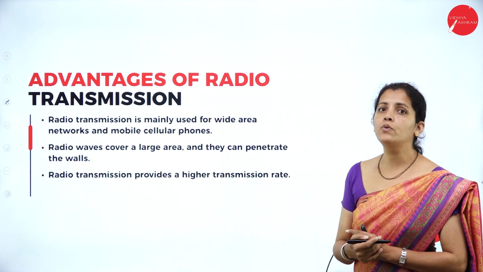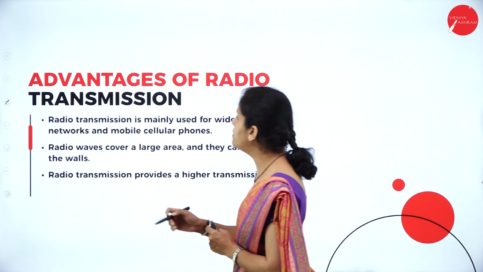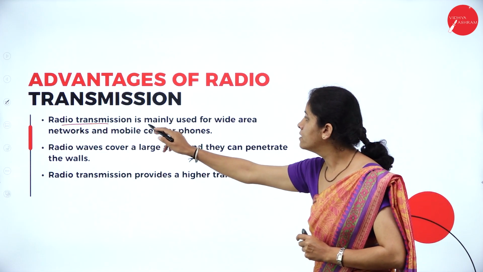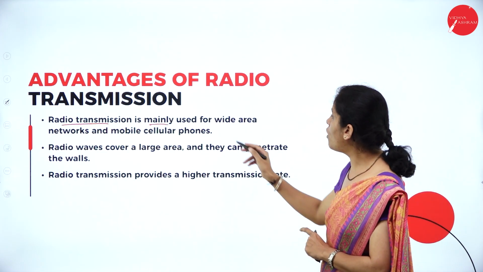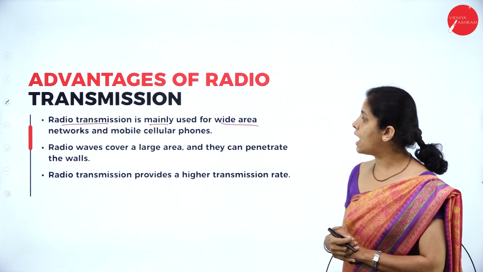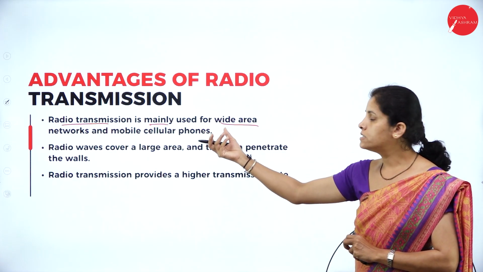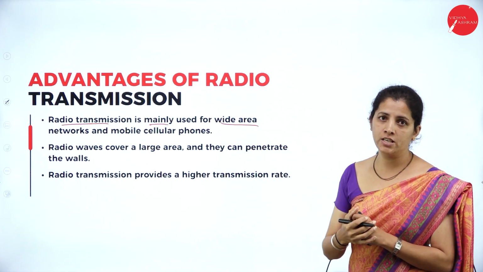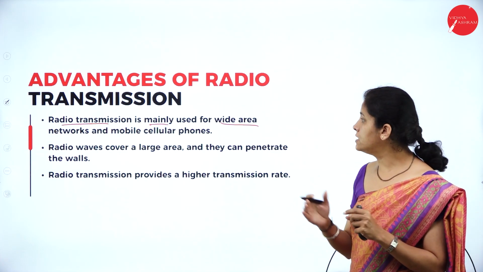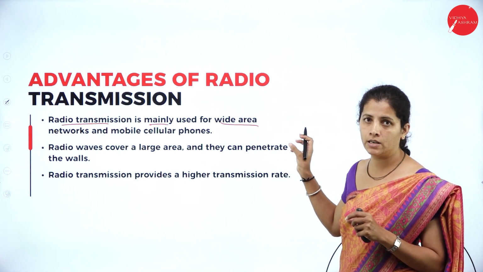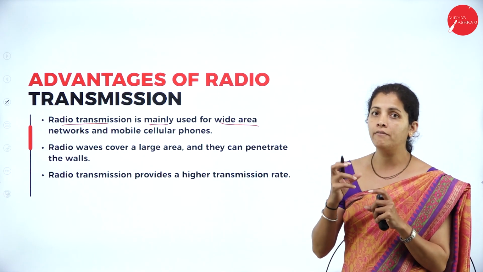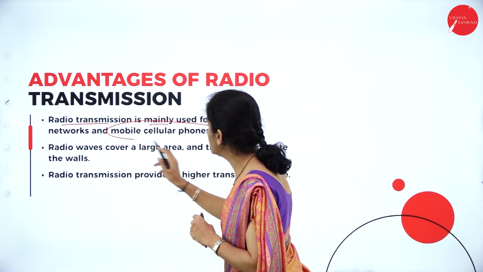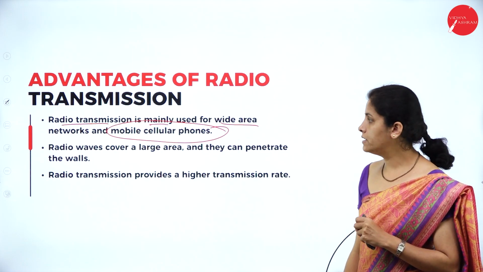Now, dear students, let me explain the advantages. Radio wave transmission is mainly used for wide area networks and mobile cellular networks. It is mainly used to cover longer distances.